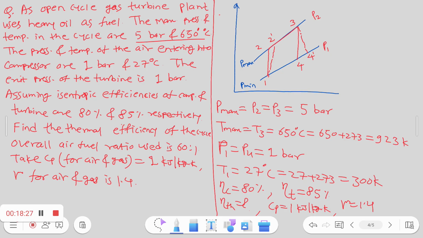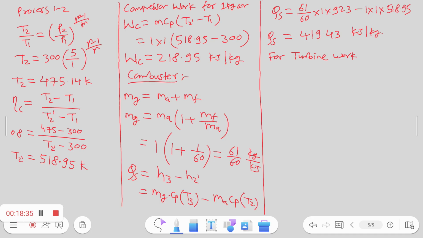Here you can see that T4 is bigger, right? Turbine efficiency is equal to T3 minus T4 dash divided by T3 minus T4. T3 is given, T4 is not given. So first calculate the T4, right?